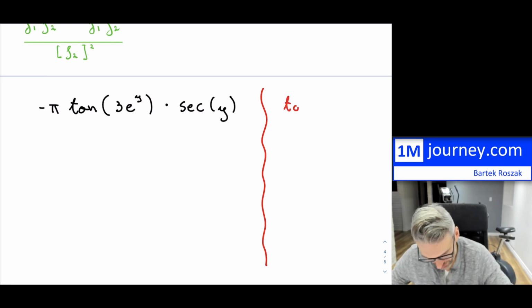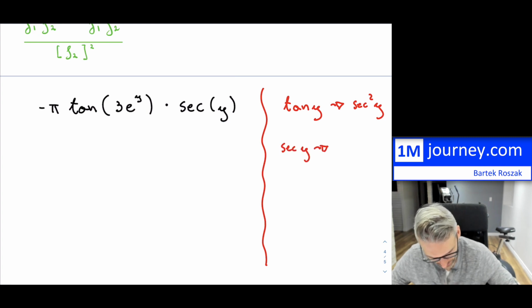So if you remember, tan, well, I'm using y there, so I'll use y. The derivative of tangent is secant squared, right? And then the derivative of secant y, oh, no, I have to remember this. It's secant y times tangent y.